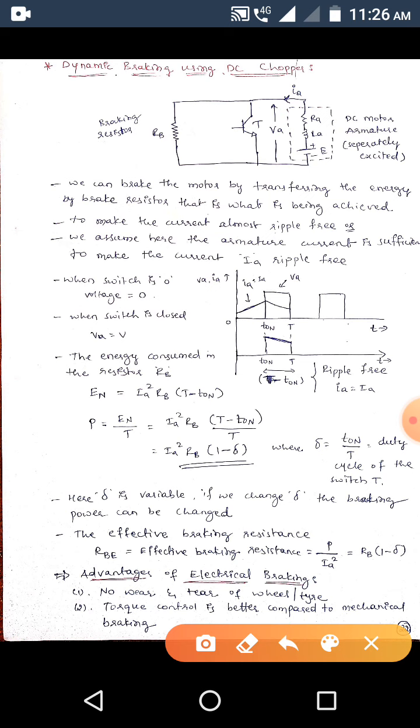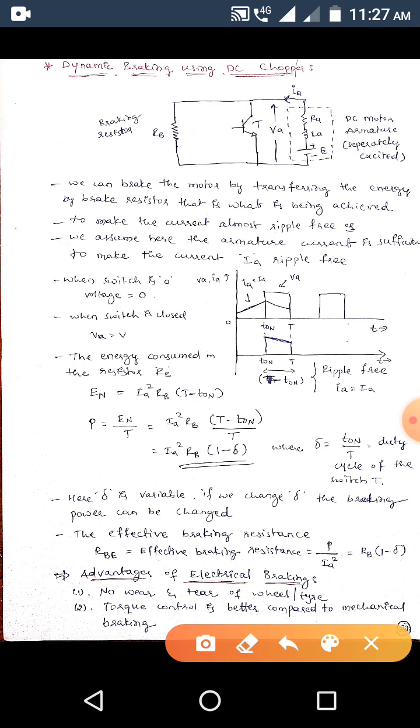As the name indicates, dynamic braking, we need to break the supply voltage in the circuit using Rb. If we brake the equivalent DC motor by transferring the energy from the armature winding into the braking resistance, that is what we are going to achieve here.